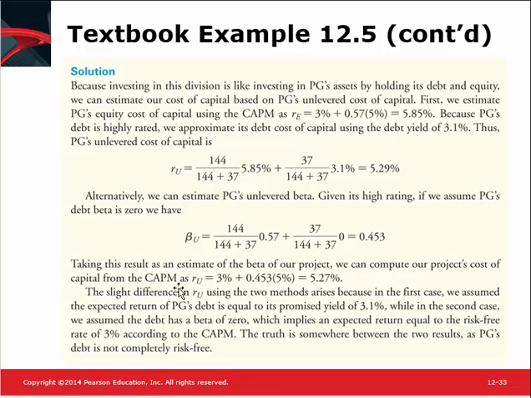Plugging that into the CAPM model, we end up with 5.27%. And of course, they're very, very close. So we have this assumption, obviously, that the cost is going to be very similar in that range.